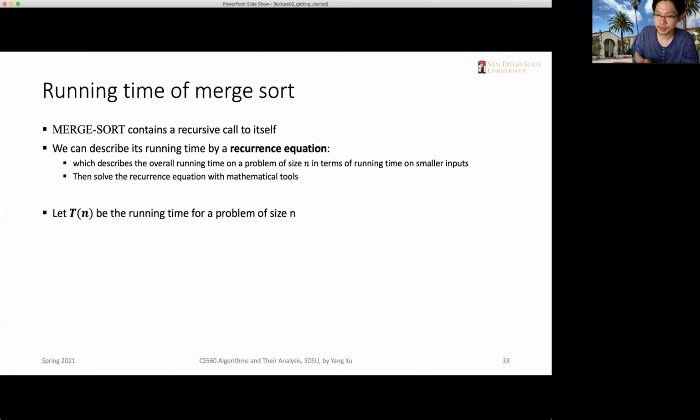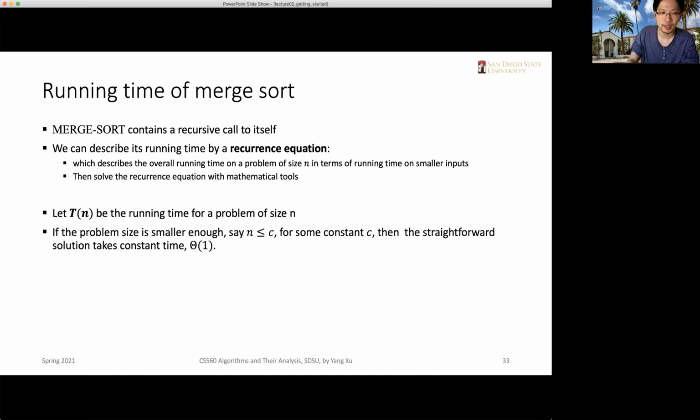Still, we use the notation capital letter T of n to be the running time for the problem of size n. And if the problem is small enough, say it's under some threshold C, where C is a constant, then we can directly get the solution for those small cases.